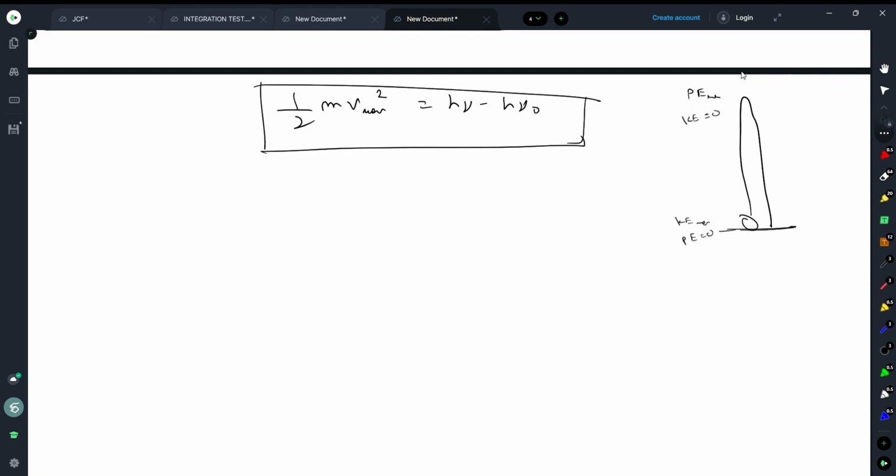Clear? So at the topmost point, the complete kinetic energy is converted to potential energy, and at the bottommost point, the complete potential energy is converted to kinetic energy.